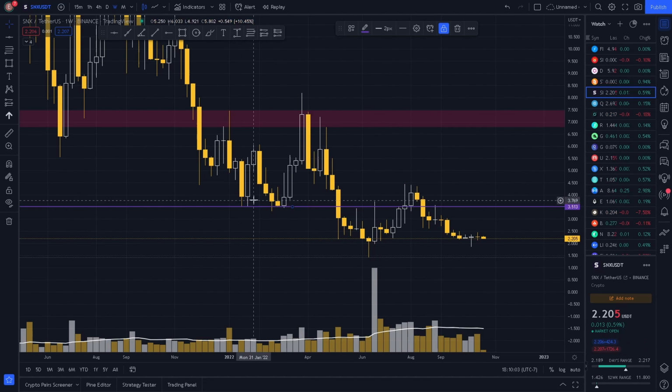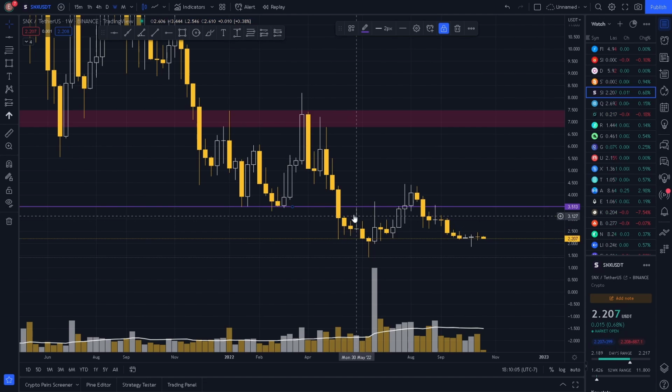As we can see support, we see long wicks reacting as resistance, and as price came up, it faked out before reversing back down. And then we see a long wick here reacting to this level as resistance.